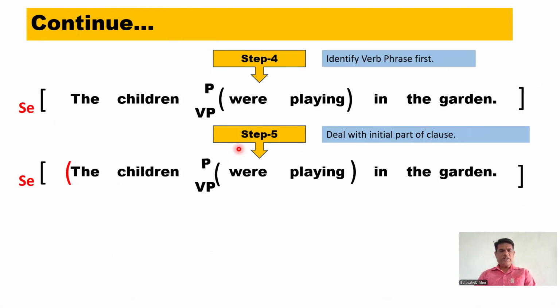Now see that we cannot close it after the, because then it will not be a phrase, because the is a determiner and a determiner never acts as the head of any phrase. If we end it after the, the phrase will not have any head, and it will be a big mistake. So we have to end the bracket after children.